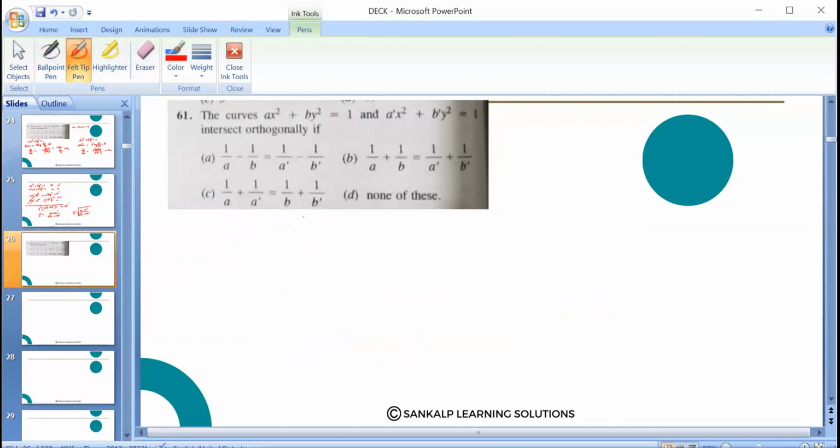Whenever you are given this, 1 by a minus 1 by b equal to 1 by a dash minus 1 by b dash, that means option A. This is the shortcut method you can follow easily. So we have done up to 61, 62 onwards we will do in the next.